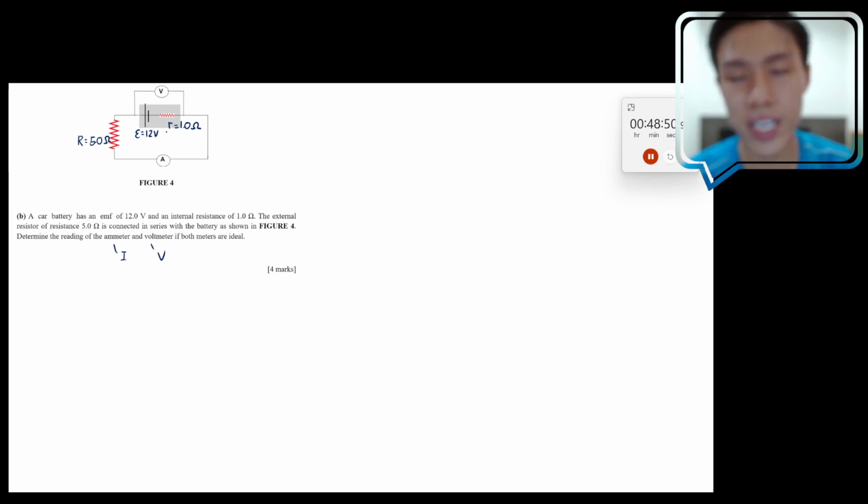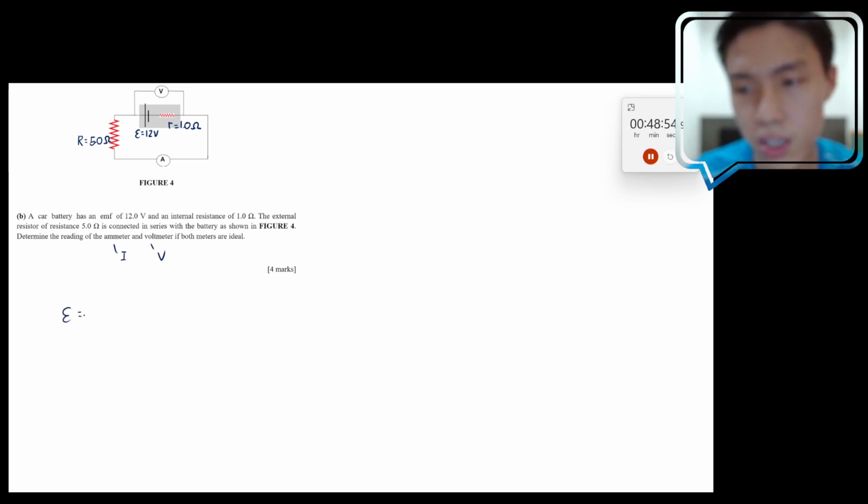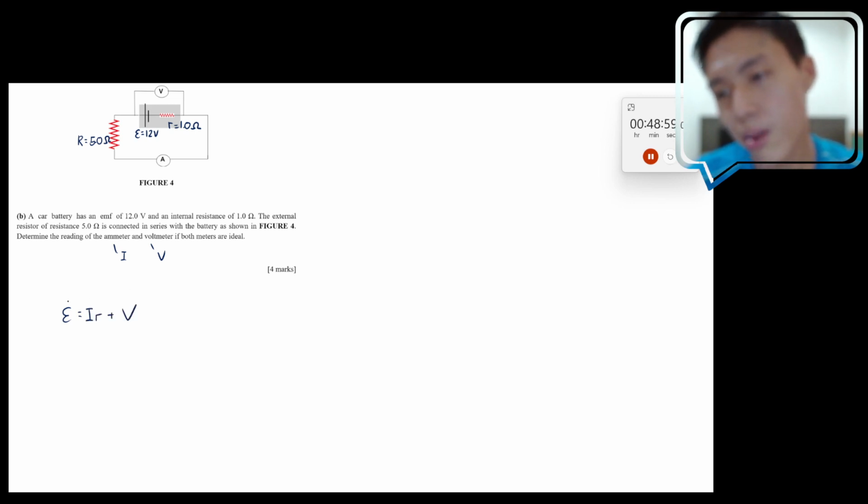Okay, so how do you relate everything together? You have this equation, I think. Okay, there's many ways of writing it. Basically this is the energy supplied by battery per unit time. This one is the energy consumed by the battery per unit time.